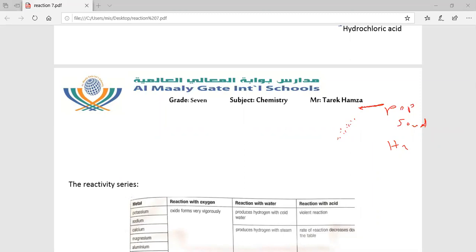This pop sound indicates hydrogen gas. This is the simple test to prove the hydrogen gas produced when metal reacts with hydrochloric acid. Any question for this point?